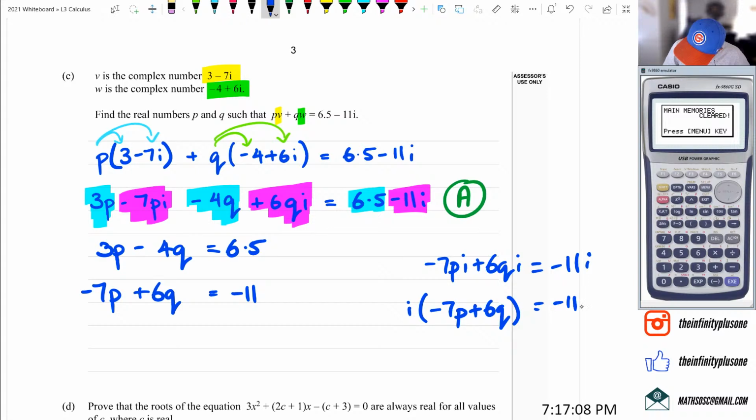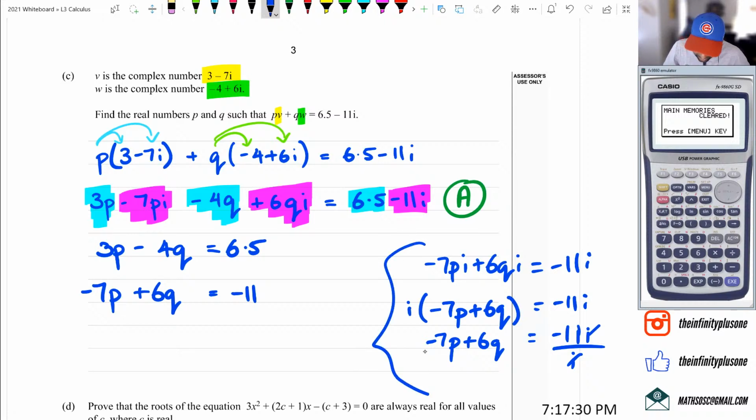Then I take the i to the other side, which means it gets divided by i, and the 2 i's cancel. So I'm just saving a bit of time with that, and I don't really need to worry about writing all of this part down.